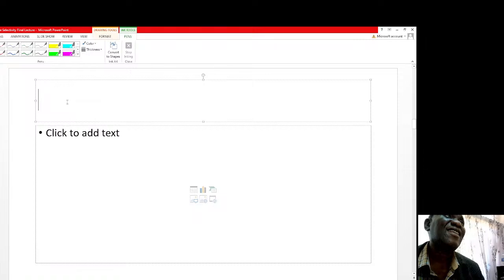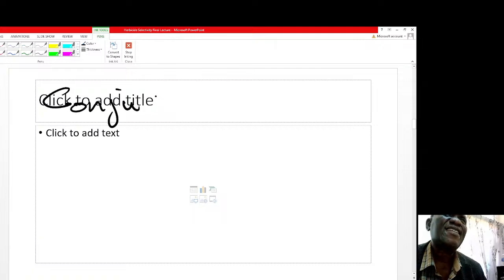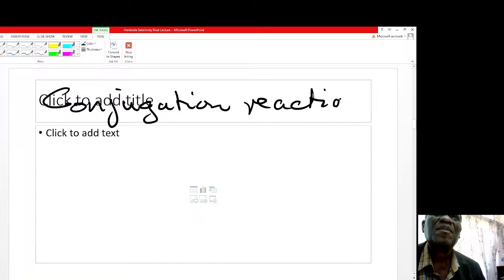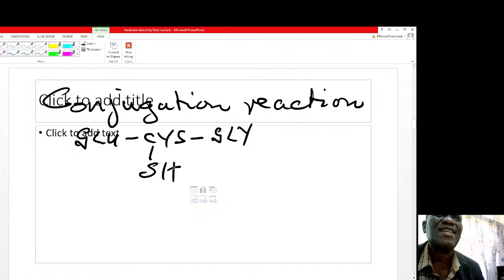We call this one the conjugation reaction, where we have glutamate joined to cysteine, joined to glycine, which forms the glutathione. And of course we have this reacting component.